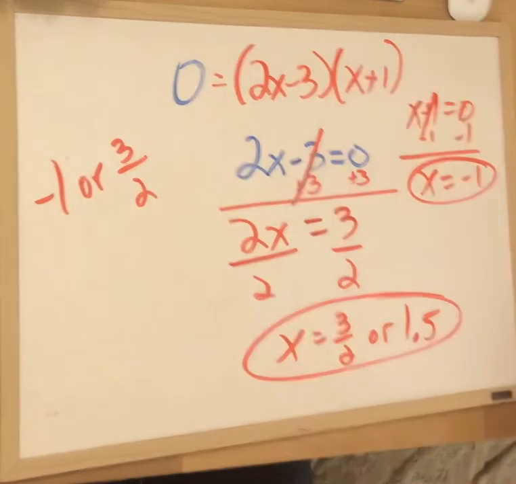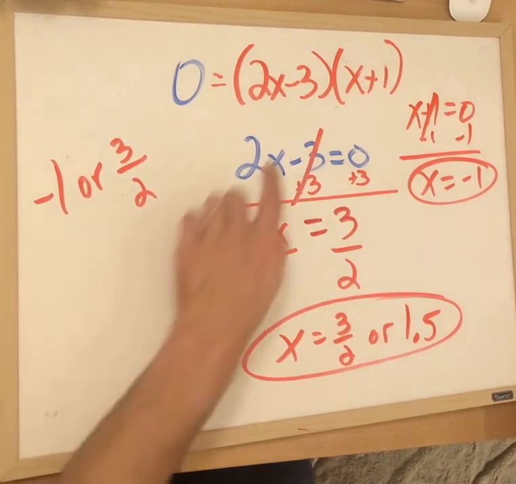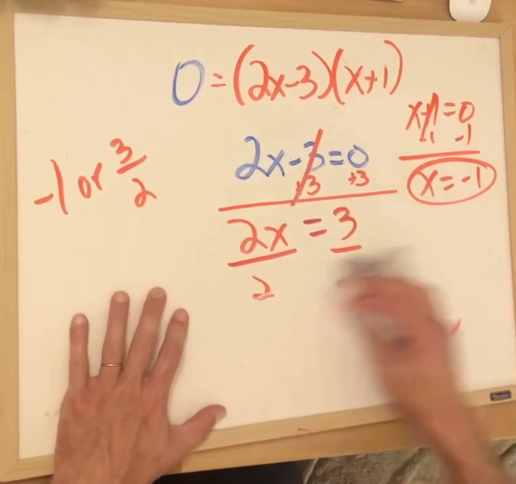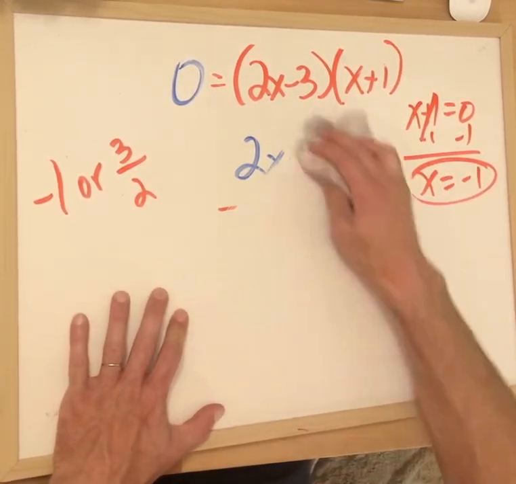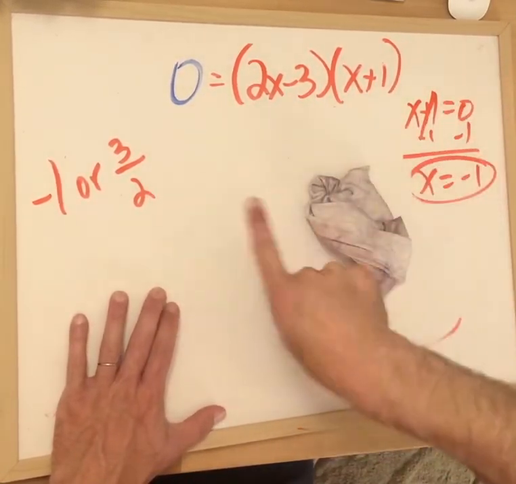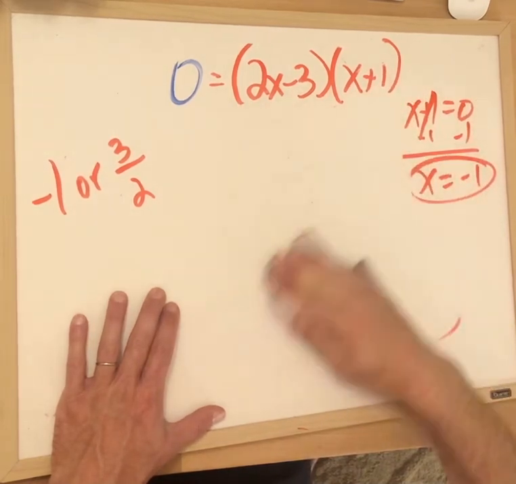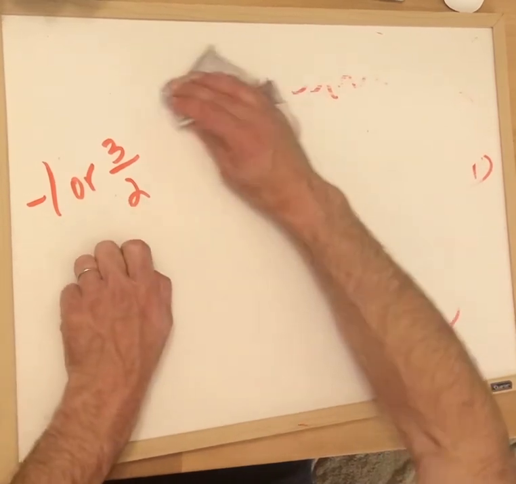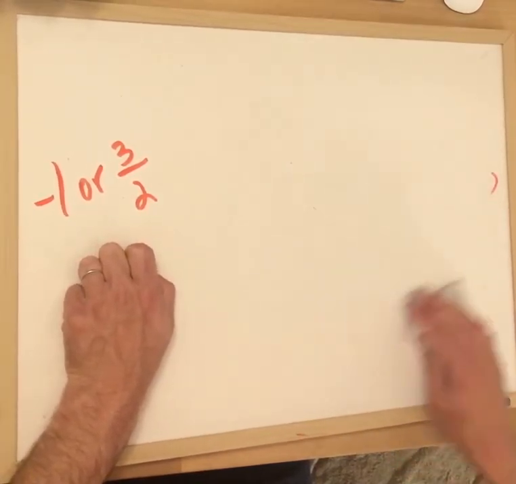That means if you were to graph this equation, or the one that I wrote out in blue, the standard form of this, which is the exact same equation, that parabola is going to cross the x-axis at -1 and 3/2.